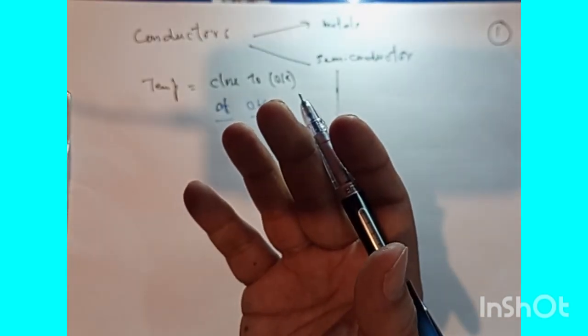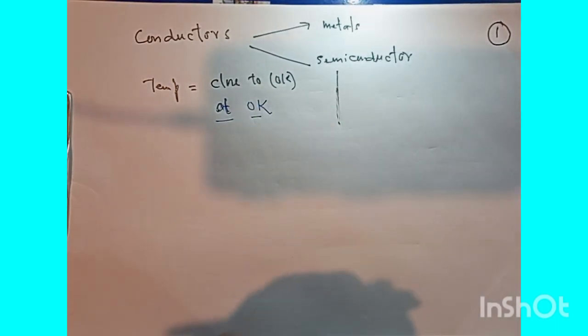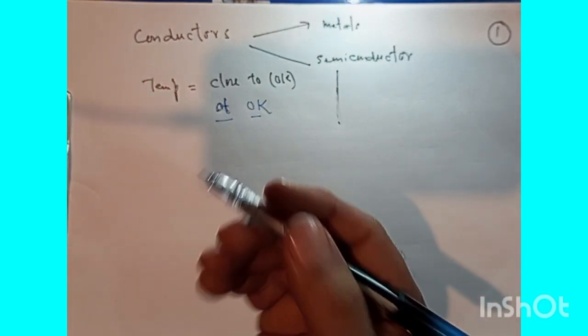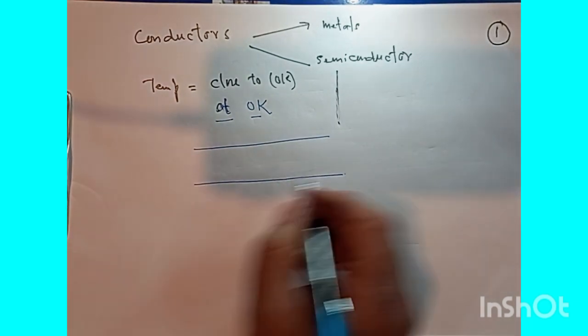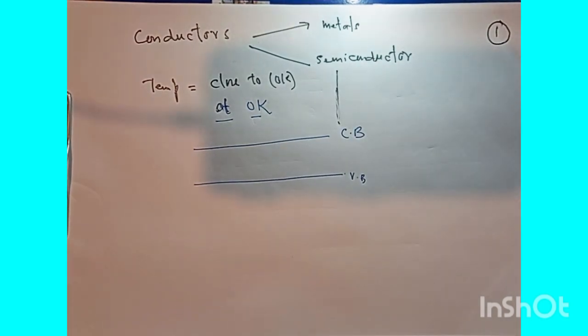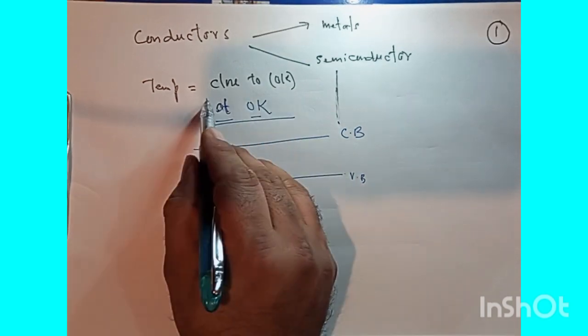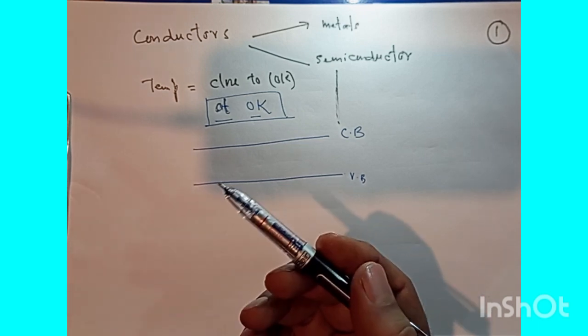lies in the magnitude of the forbidden gap between the conduction band and the valence band. To be very trivial here, if we have two bands, one valence band and another conduction band, the only difference between semiconductors and insulators at absolute 0 Kelvin is the magnitude of the forbidden gap.